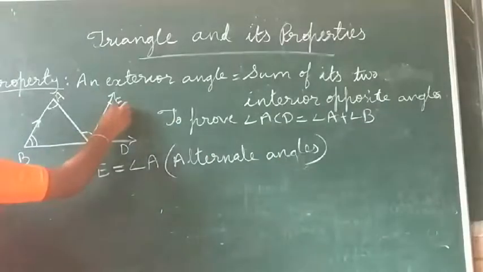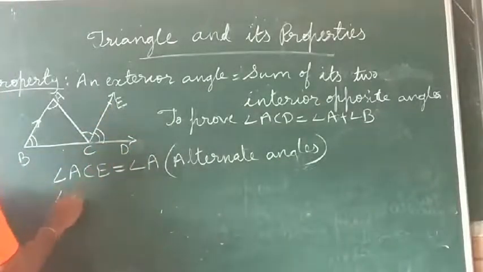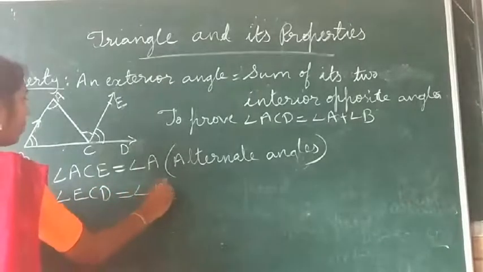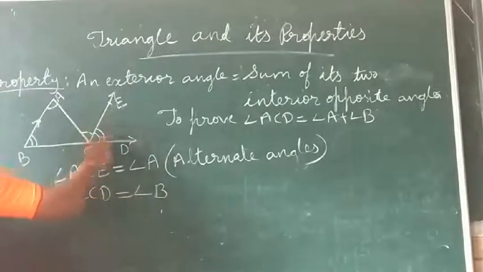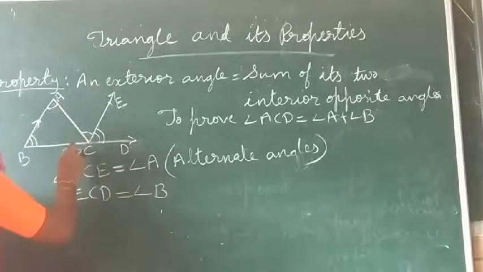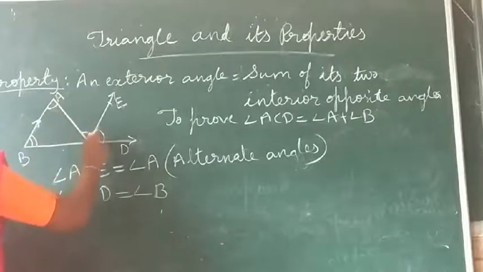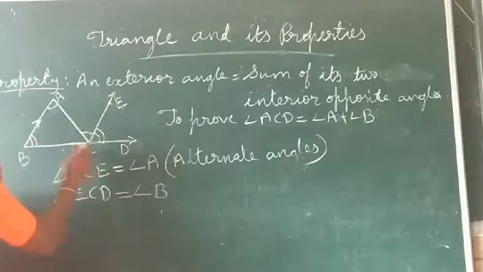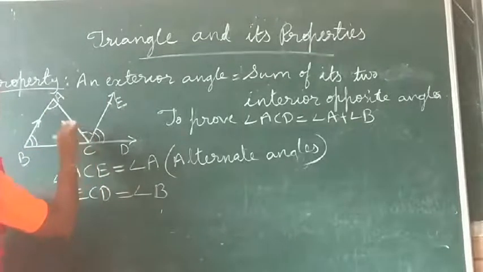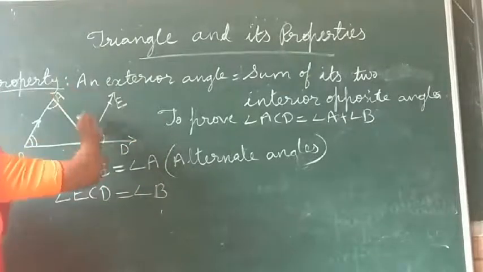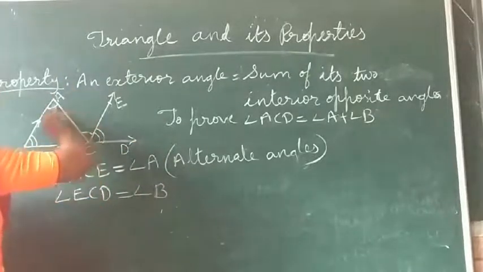Now we have to write about angle ECD. Angle ECD is equal to angle B. Angle ECD and angle B are corresponding angles when the parallel lines BA and CE are cut by another transversal BC. Here we have two transversals. The first transversal we considered is AC, and with that we have two alternate angles.